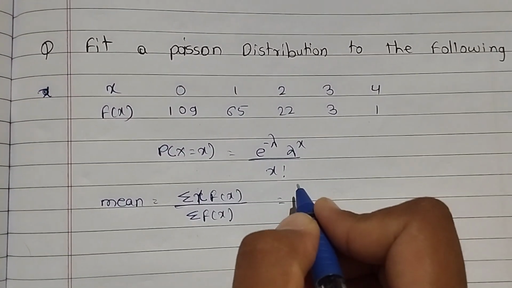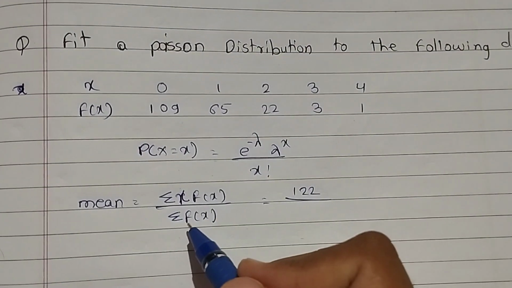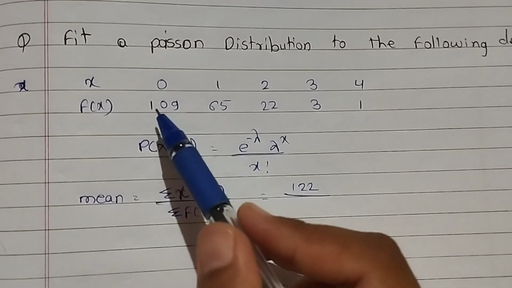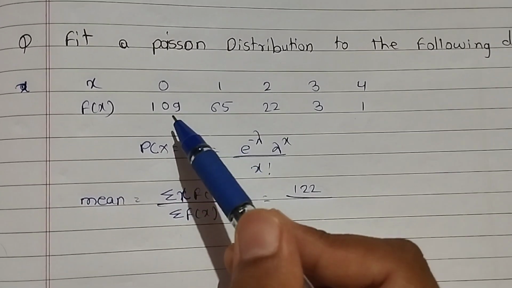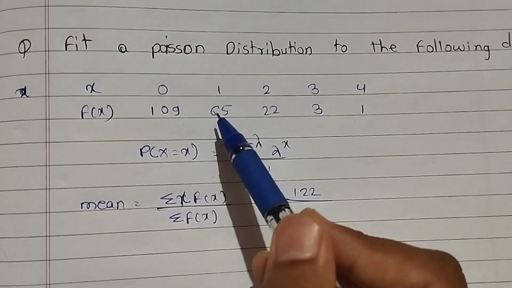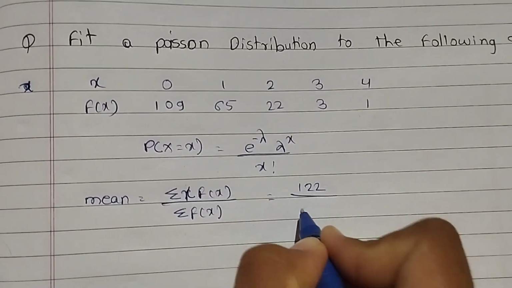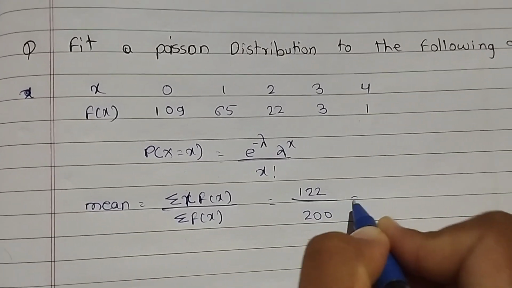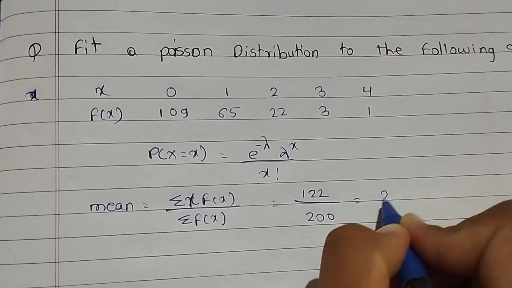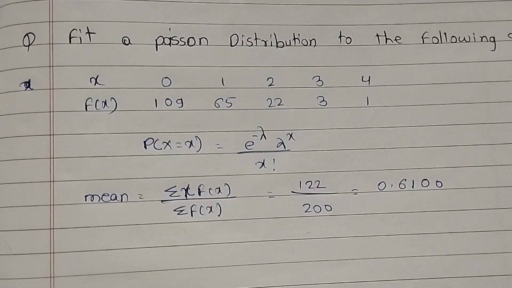So this is nothing but 122 upon summation of f of x. So when we add all this value of f of x, means 109 plus 65 plus 22 plus 3 plus 1, we get the value 200, and when we calculate this value we get 0.6100.